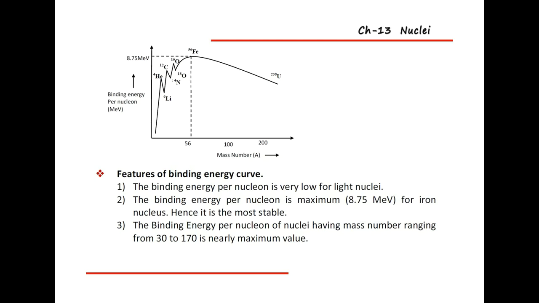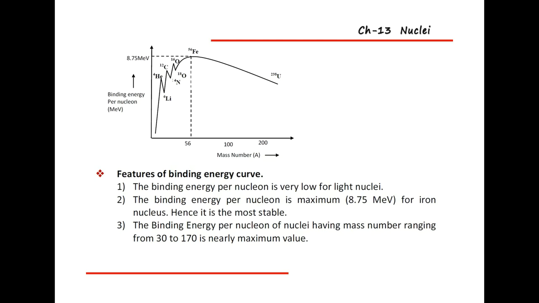The binding energy per nucleon is maximum at 8.75 MeV, so the nucleus is most stable in that region.